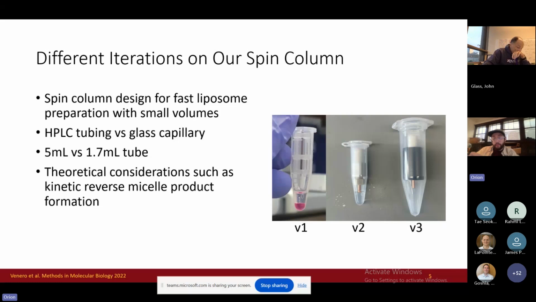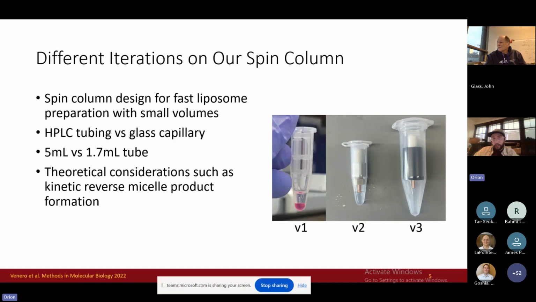We could load a maximum of 10 microliters into that glass capillary, 10 microliters of the ultimate synthetic cell cytoplasm that you're trying to make. Obviously, with the collection volume being 30 microliters, you're not getting a yield of 10 microliters of lumen. So by going to the 5 milliliter tube, we get a little more collection volume, and the ratios of lumen to exogenous media work out a little better.